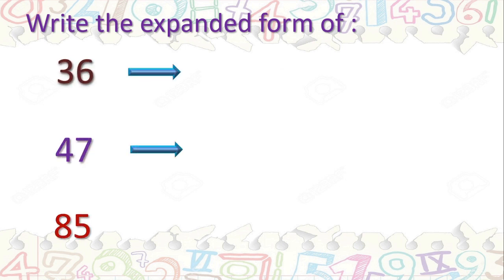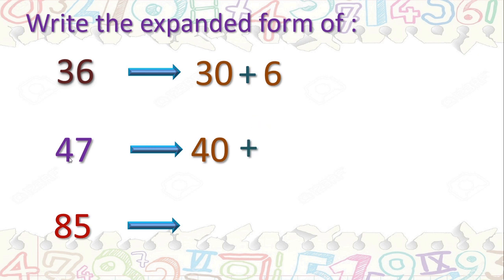Next number, 36. Then 47, then 85. Here in 36, 3 is in the tens place, so the place value of 3 is 30, plus 6, because 6 is in the unit place. 47, 40 plus 7, isn't it?